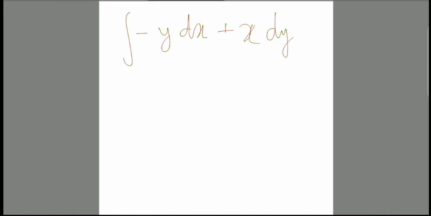We are also given that the curve we are integrating along is y equal to sin t and x equal to cos t, where t is greater than or equal to 0 and less than or equal to 2 pi.